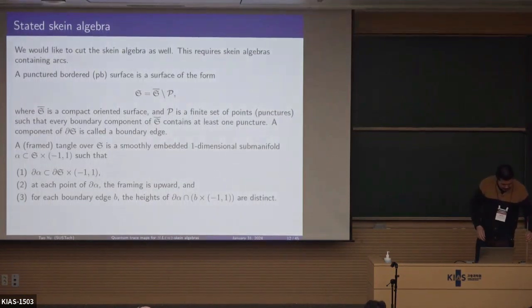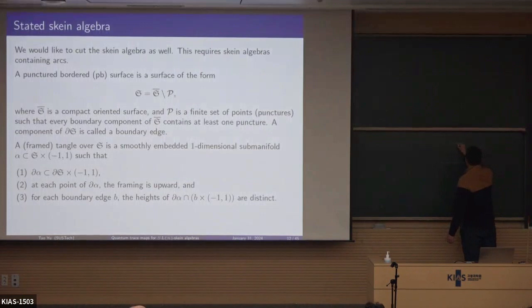Now, I do want to draw a little bit of a picture because this will be relevant for a later talk, probably. So imagine that I have a surface like this, where this is part of the boundary. I look at the thickened picture, where my surface is embedded in the middle.